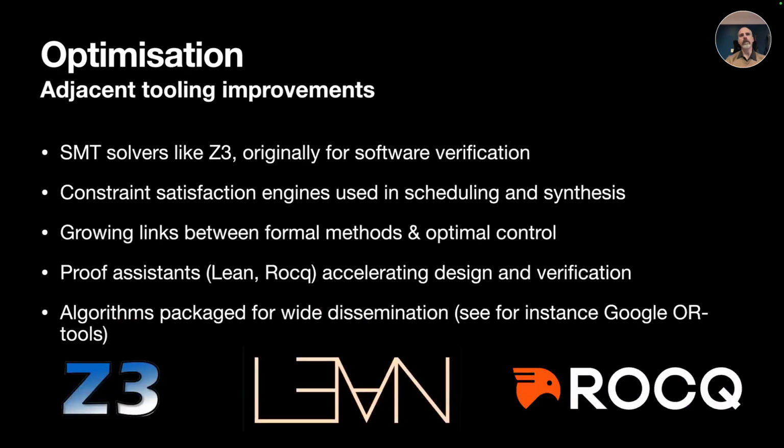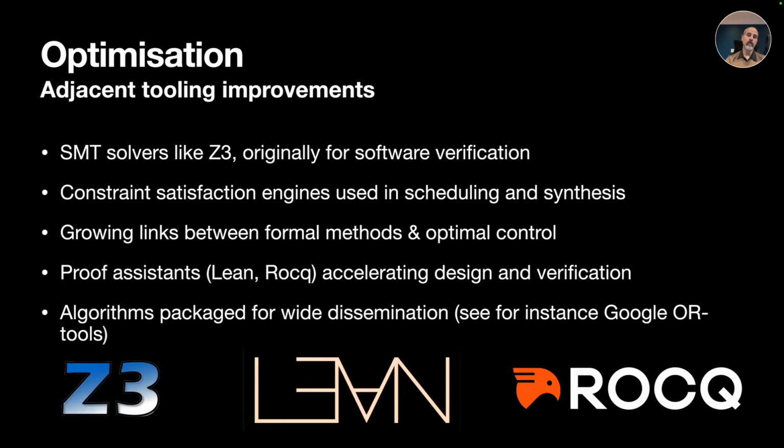So there's another piece of adjacent tooling improvement that has caught my eye, which goes back to the thread of the symbolic AI. I've recently been seeing a lot of talk about a larger kind of problem: constraint satisfaction problems. My pet version of this is Z3, which is written by Microsoft.